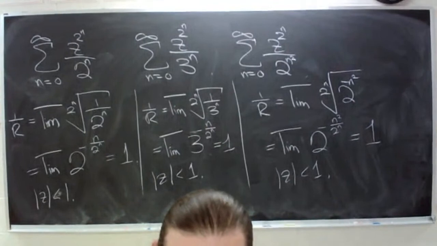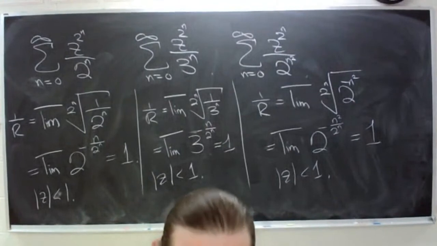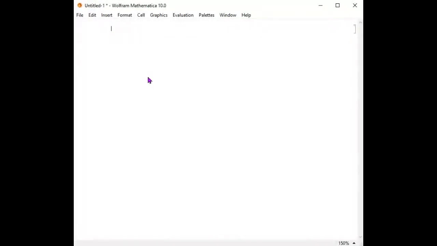So I'm going to call them f1 of z equal to the sum of z to the 2 to the n over 2 to the n, and I'm going to sum from 0 till, let's go up to 12.